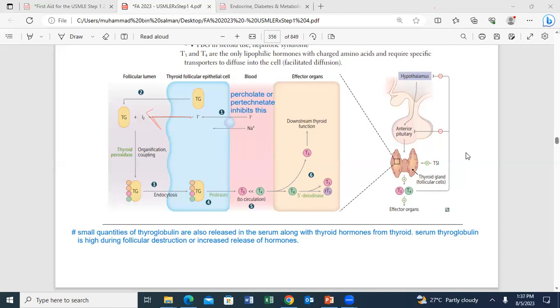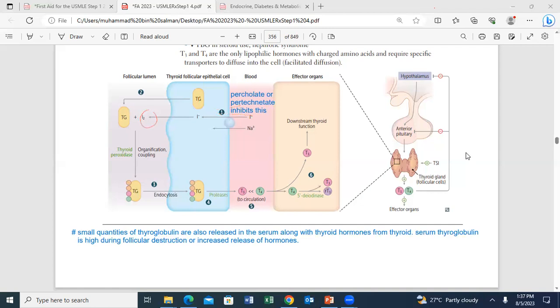This step is supported by an enzyme called thyroid peroxidase, one of the very important enzymes involved in the formation of thyroid hormones. It basically regulates three steps. We're going to study these three steps categorically when we look at the theory. For now, just understand that iodine is being absorbed and converted into I2.